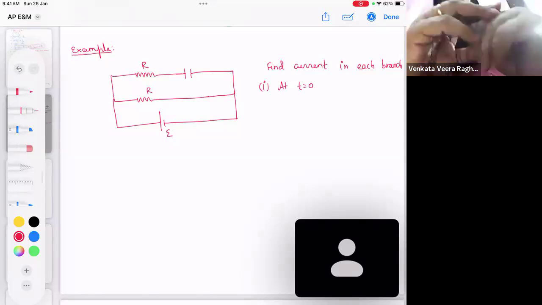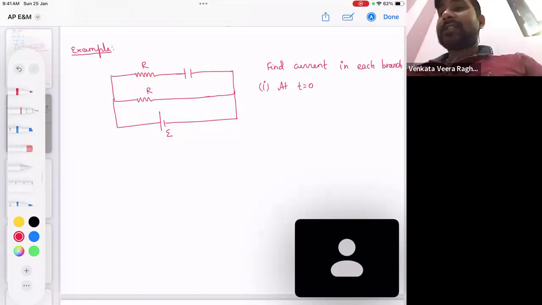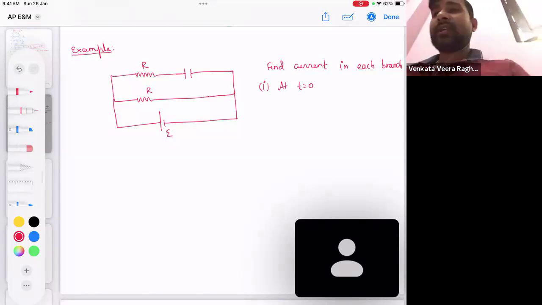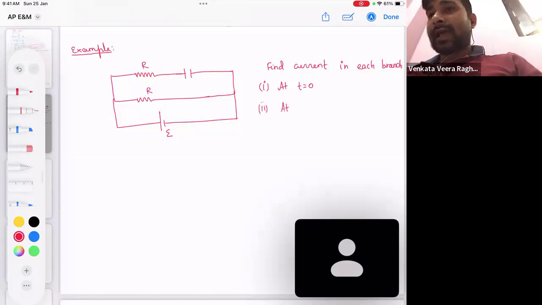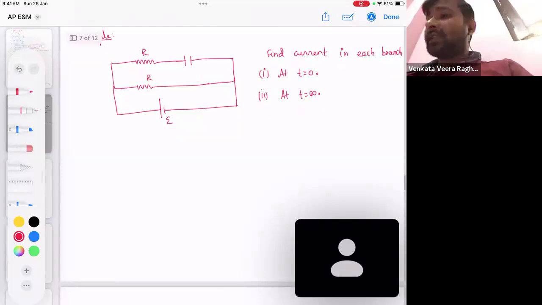Sometimes they will make a symbol of a switch and say find the current in each branch the next moment when the switch is closed. Second thing, find it at t equal to infinity. So please redraw both circuits, at t equal to 0 and t equal to infinity, and tell me what the current in each branch is. At t equal to 0 how much is it coming, and at t equal to infinity how much is it coming.